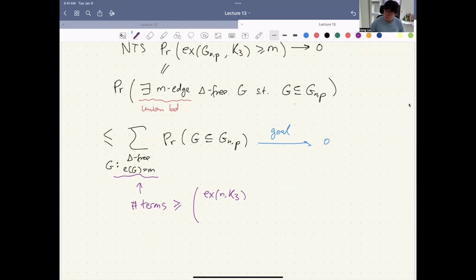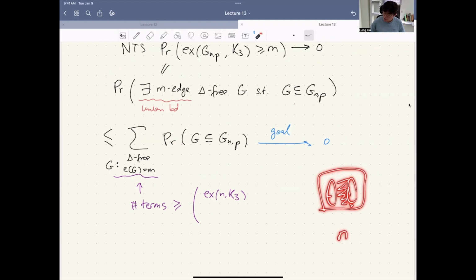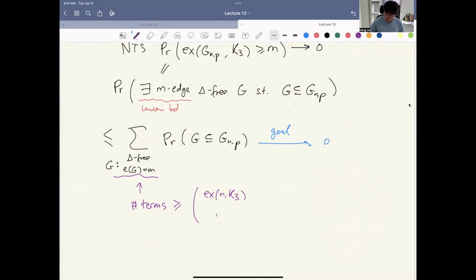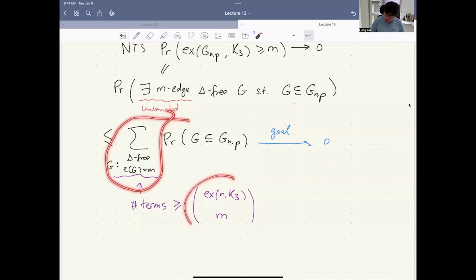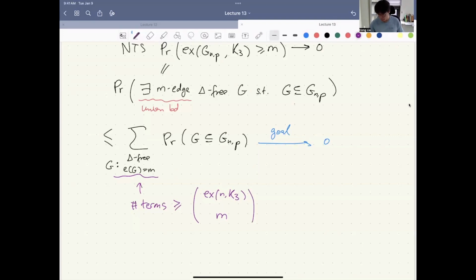Take the largest triangle-free graph, the complete bipartite graph, and inside it choose M edges, any choice of M edges. Everything is labeled. So the number of labeled M-edge triangle-free graphs is at least this much. So to have this tend to 0, we necessarily need this term times this probability to tend to 0. Otherwise, there's no hope.